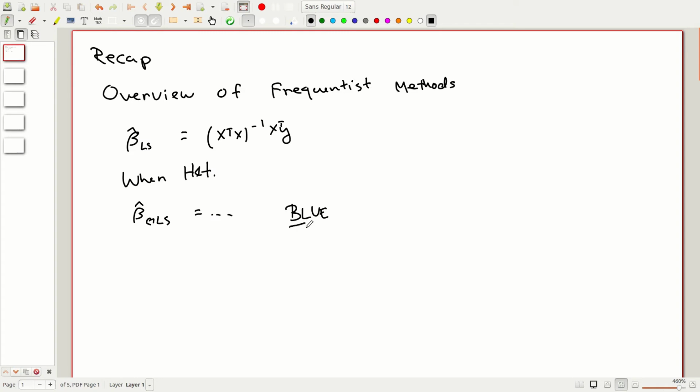Okay, so you want to restore your best property, which you lost when you have heteroscedasticity in the least squares case. Not feasible though, because you don't know what omega is. Unless omega is known. So it's usually not known.